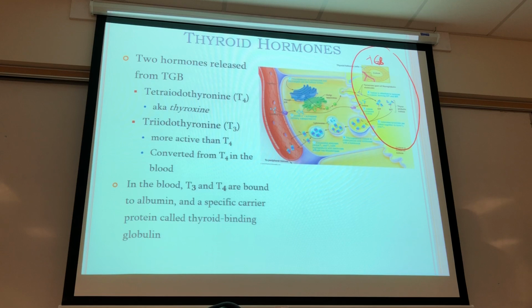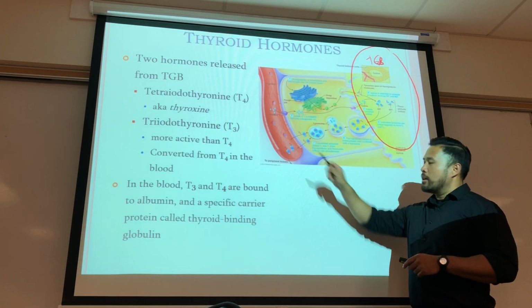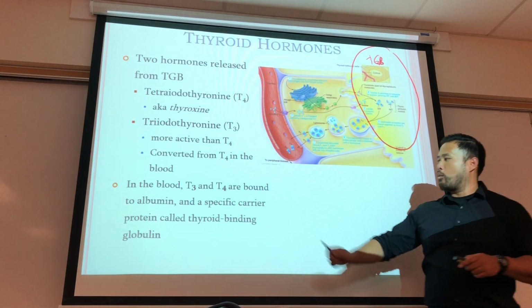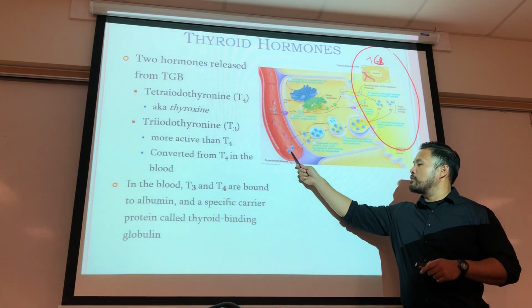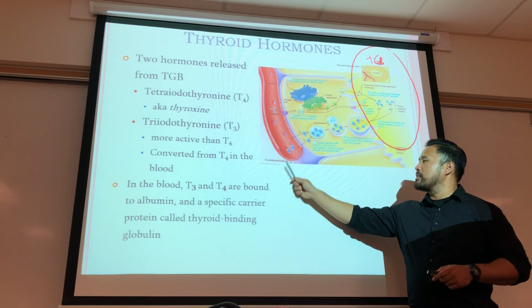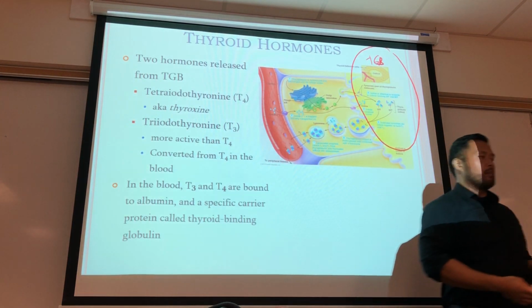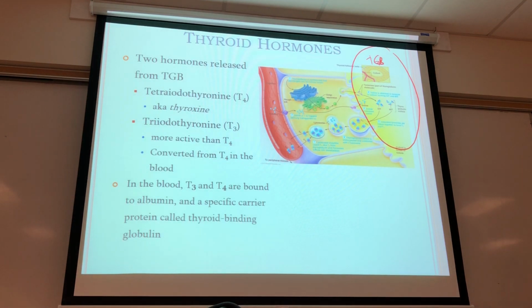Muscle also makes it, and areas that are going to be involved in metabolism. So now we have T3 and T4 floating around, but keep in mind that these are lipid-soluble hormones, so they're going to require a carrier similar to albumin. It's called the thyroid-binding globulin that will come in and attach to allow those to be dissolved in blood.